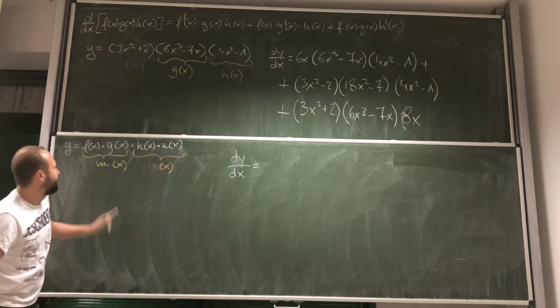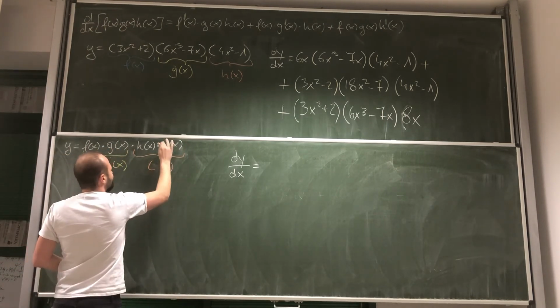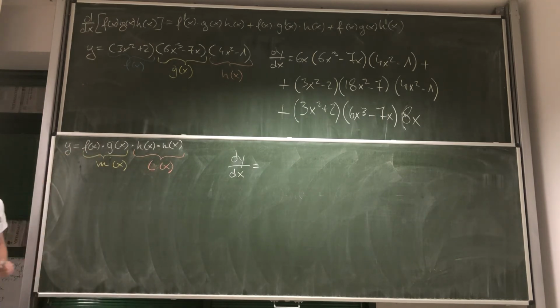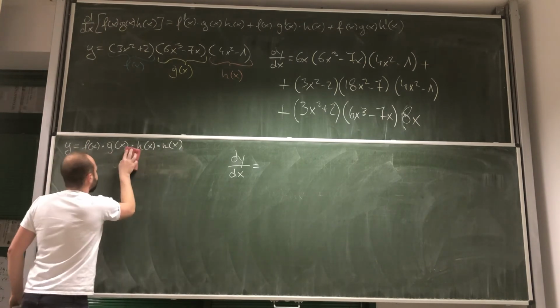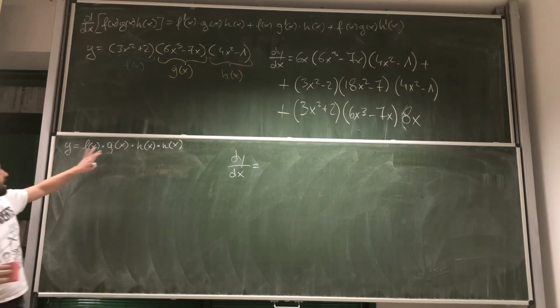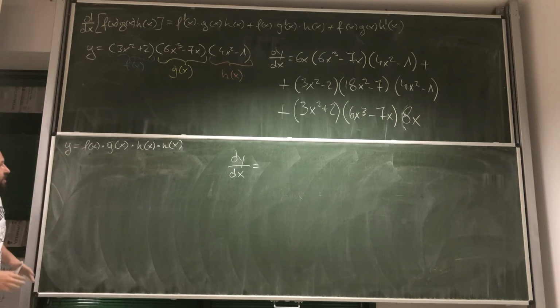So this would be, for example, some L of x. I'm sorry, too many letters. Okay, so what we've got now are 4 different functions, right?